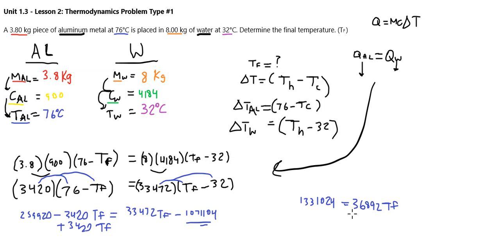Now the only thing left is to divide by this on both sides. I'm not going to write it out once again, but you divide 1,331,024 by 36,892. Well, other way around. It's this over this, and type that in. We get that the final temperature is 36.7, or 07.